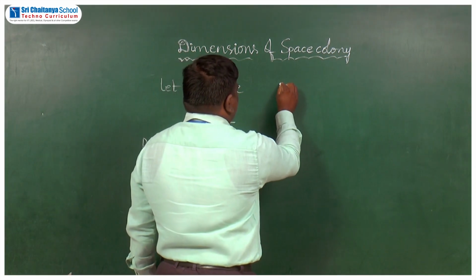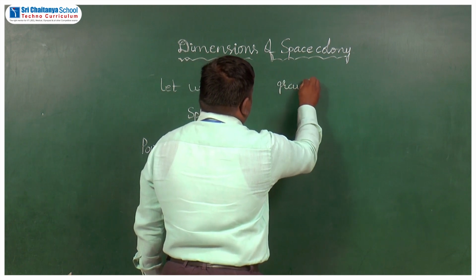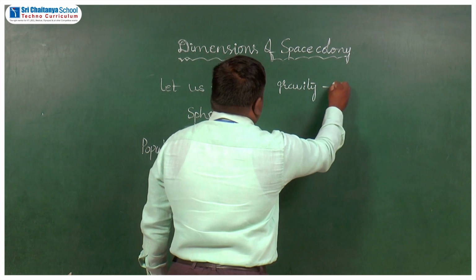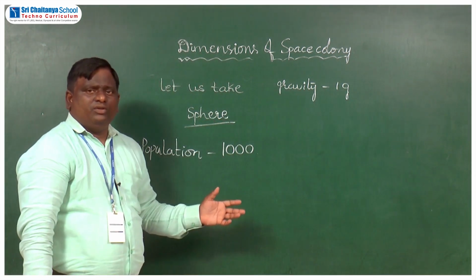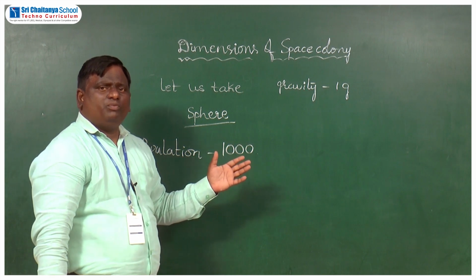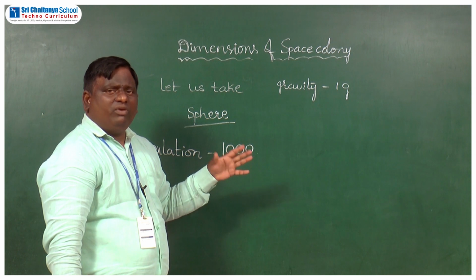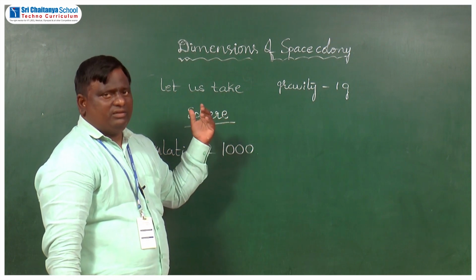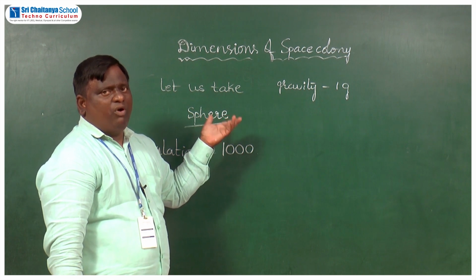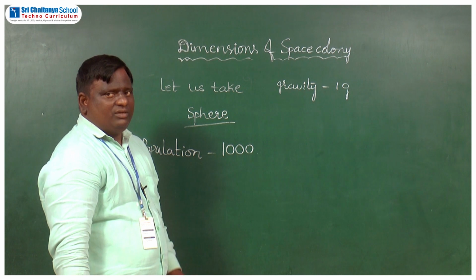For example, gravity is 1g only, for every person 1g. So as a whole, if you are able to provide 1g gravity in the space colony, it will be taken by everyone. So there is no need of going above this value.